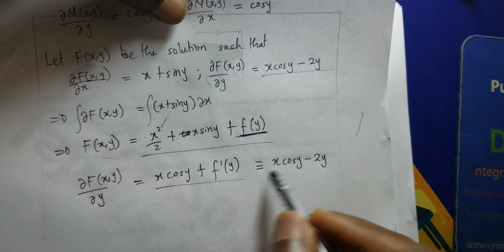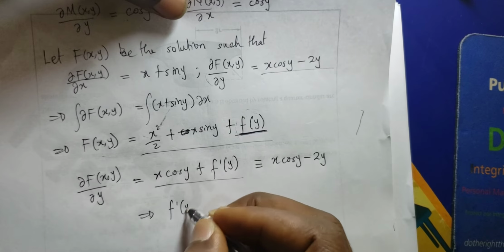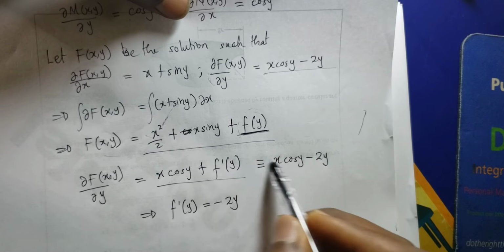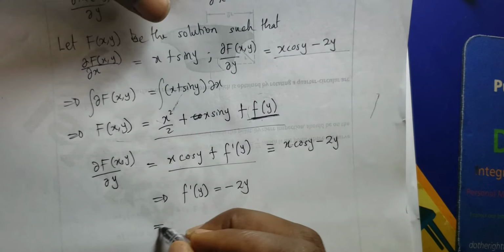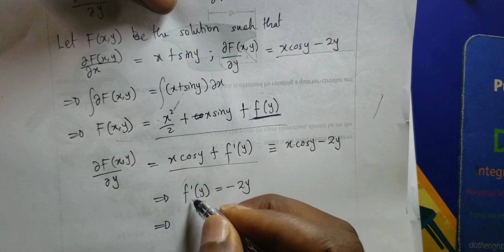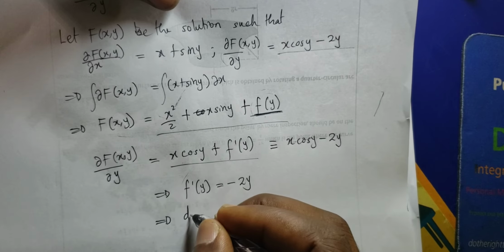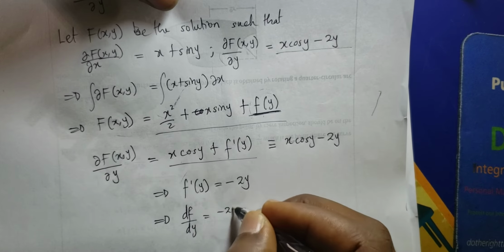By comparing these two, it is obvious that f prime of y is equal to minus 2y, since the x cos y terms match. This is a function that depends only on y, and this is its total derivative, so df dy is equal to minus 2y.